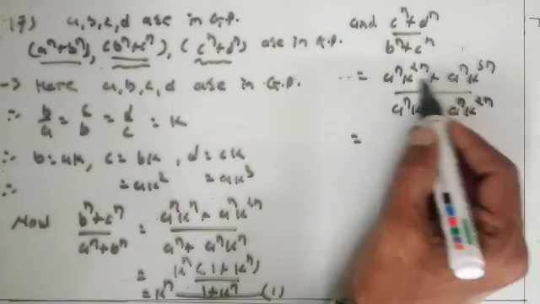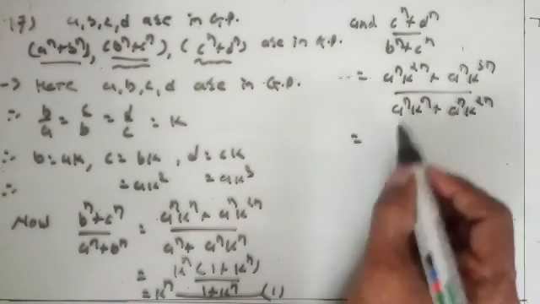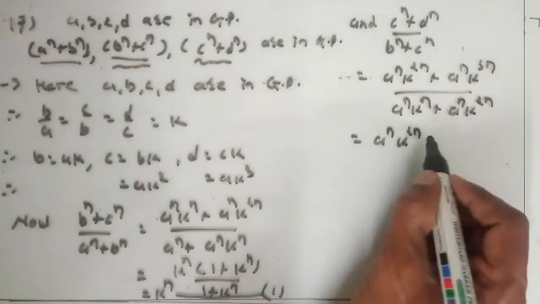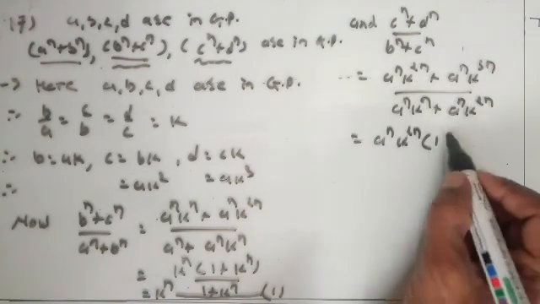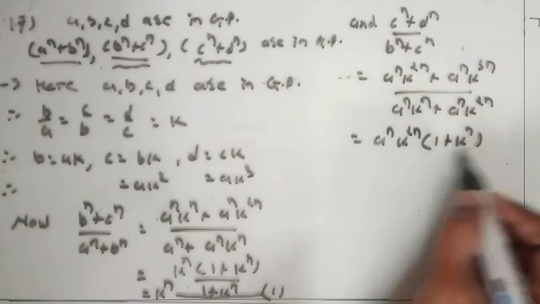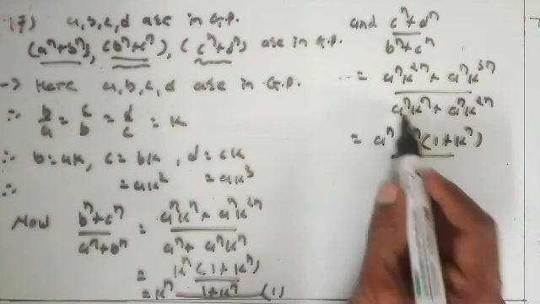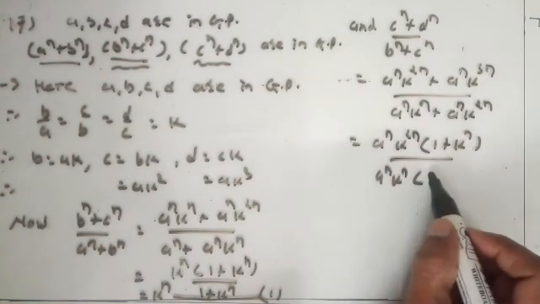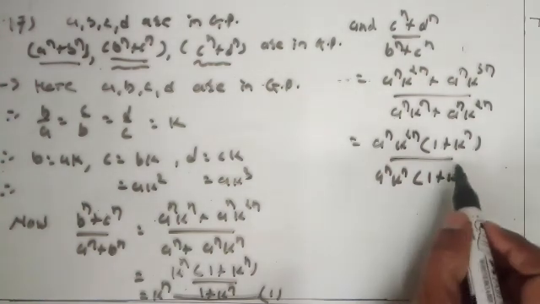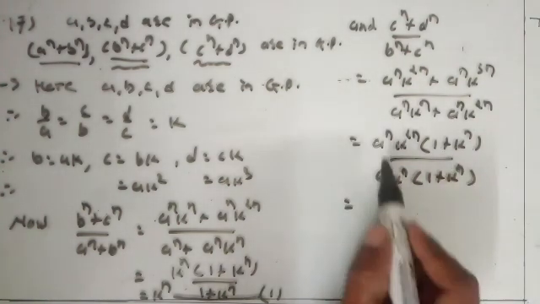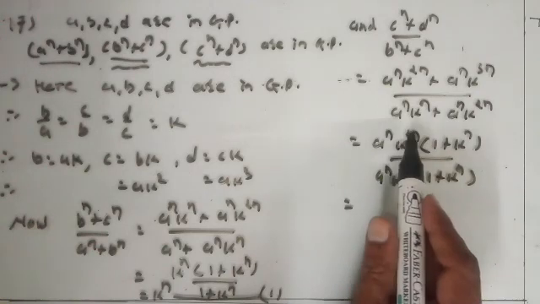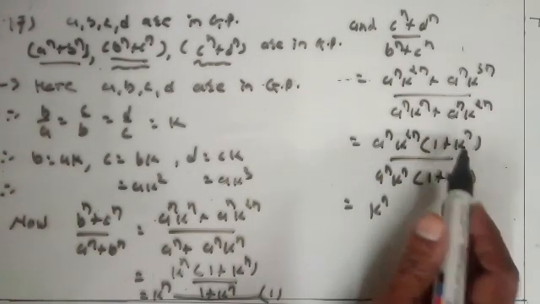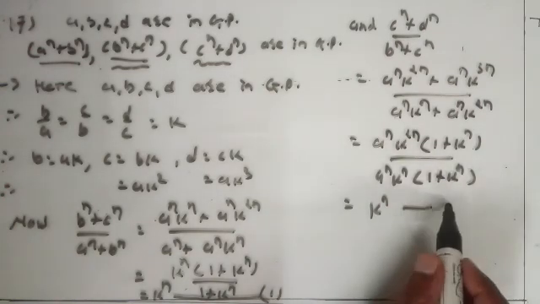Taking a raised to n k raised to 2n common in the numerator, the bracket has 1 plus k raised to n. In the denominator, taking a raised to n k raised to n common, the bracket has 1 plus k raised to n. So a raised to n cancels, k raised to 2n upon k raised to n becomes k raised to n, and 1 plus k raised to n cancels from both. Take this as result number 2.